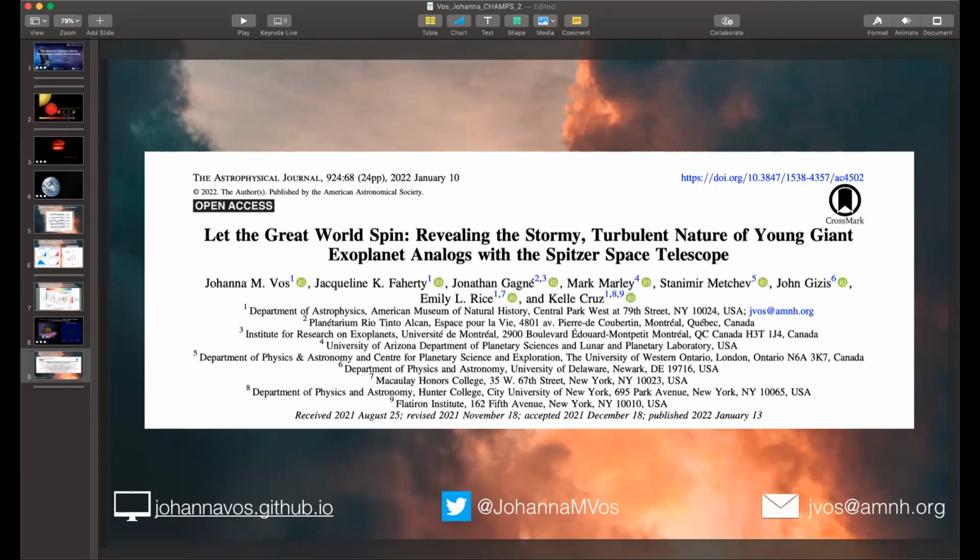We also have a secondary indicator of youth, which is looking at signatures in the spectrum. You can look for specific signatures of low gravity. So if you find an object that's in a young moving group and has these signatures of low gravity, then you can be very confident that it is a young planetary mass object.